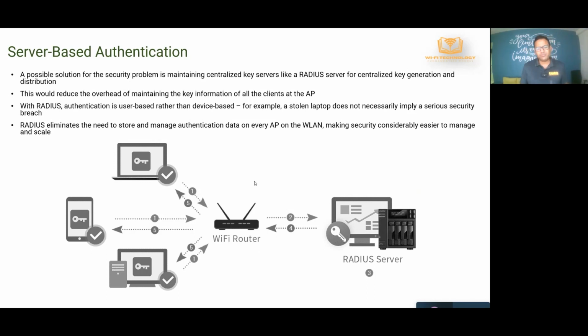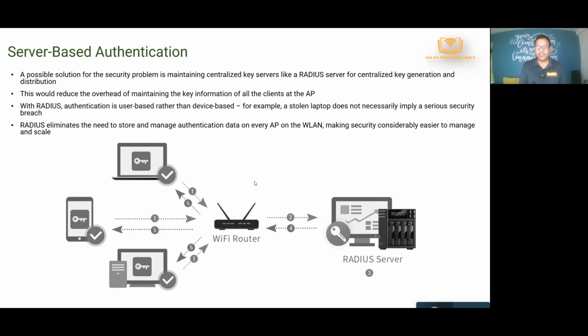The other big advantage is that the security is not attached to a particular device on the network, right? It is only attached at a user level. So most RADIUS mechanisms use user-based security and certificate-based security, which means that when the device is connecting to the network, it is not connecting using a key, but using a username and password.